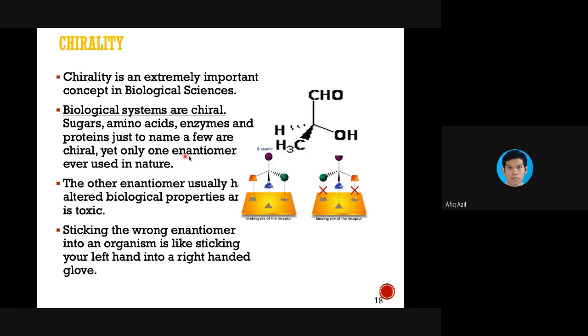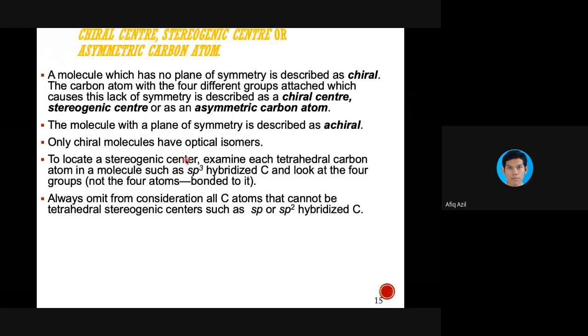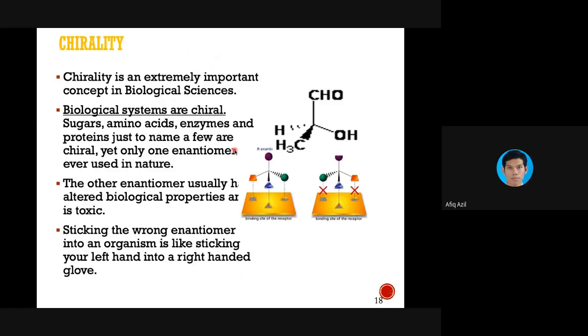The word enantiomer refers to the optical isomers just now, so they can also be called enantiomers. Of these enantiomers, only one will eventually be useful.